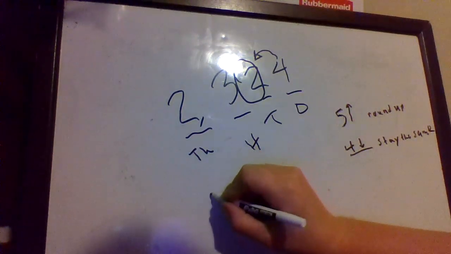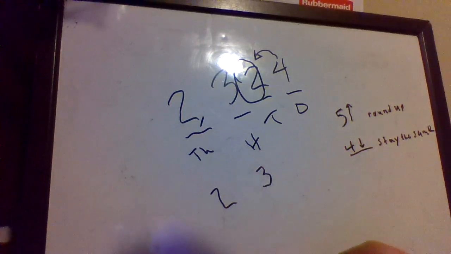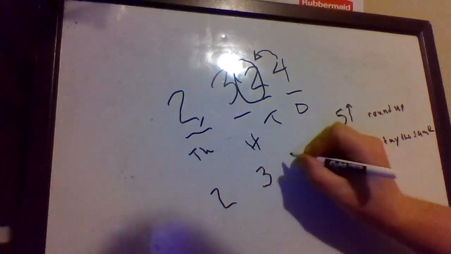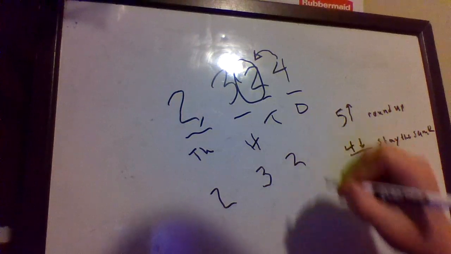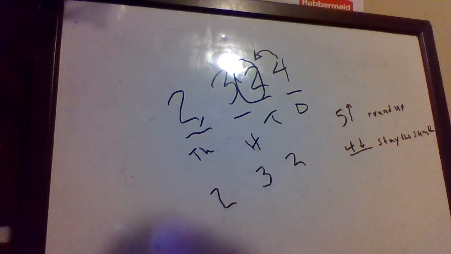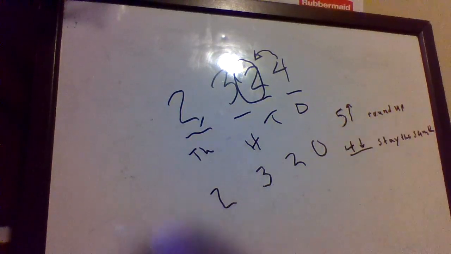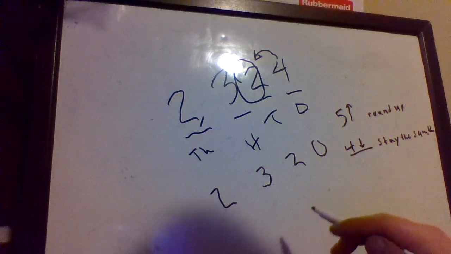So we're going to bring down your 2, bring down your 3, and since we said the 2 is going to stay the same, we're going to bring down this 2, and then we're going to make this 4 a what? A 0, right. So 2,324 rounded to the nearest 10 is 2,320.